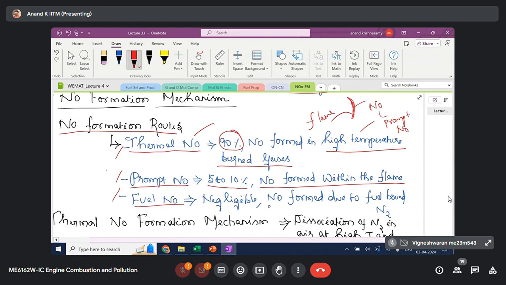The third source is fuel NO. Fuel NO is due to oxidation of nitrogen present in fuel. Thermal NO and prompt NO are due to oxidation of nitrogen present in air.